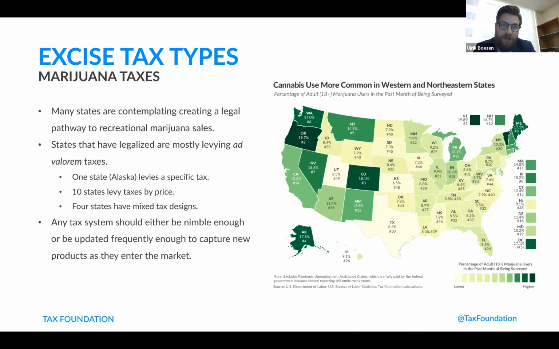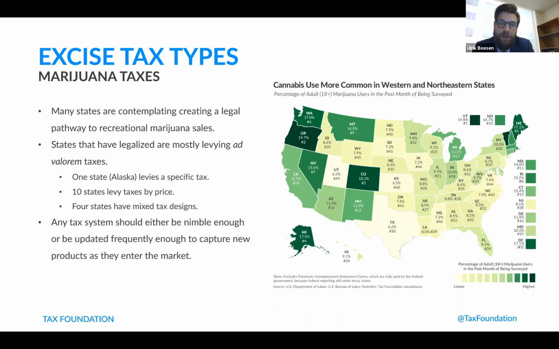Now, as that supply increases over time, your retail prices are going to decline. So if you're levying a tax based on price, your revenue per ounce sold will decline. Now, what we've seen is you can't really see this decline in total revenues because the market is growing so quickly that revenue increases nonetheless.